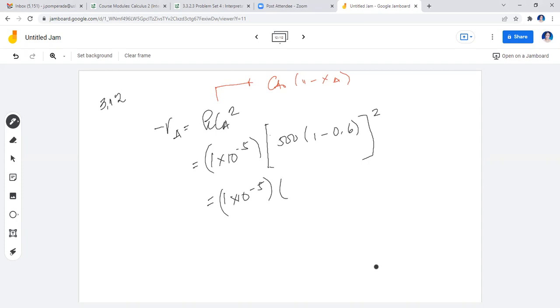So correct, that should be 200, squared. So the rate that is being asked here is 0.4. So Drexel is correct and Fritz for the 200.4. Correct.